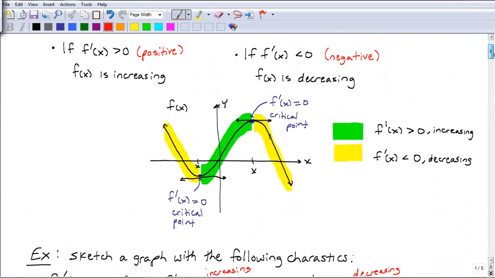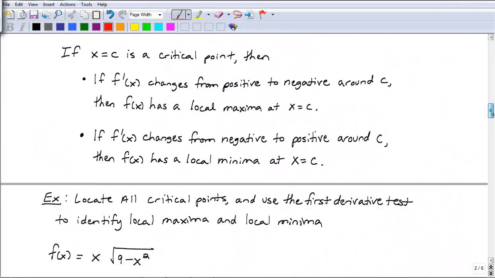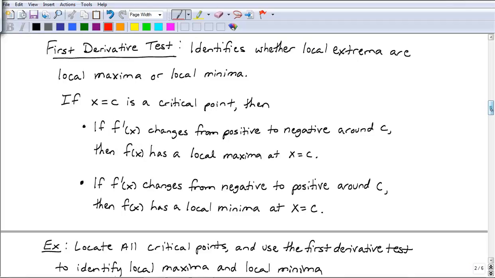So here are a few examples of how this increasing, decreasing works. And the first derivative test is a way you can tell whether your critical points are places where maxima or minima occur. And what it says is if x equals c is a critical point. So I have some critical point on a graph. And let's look at one.